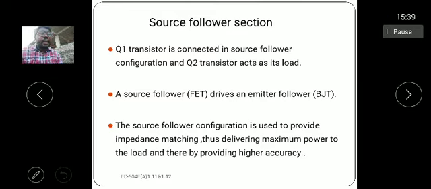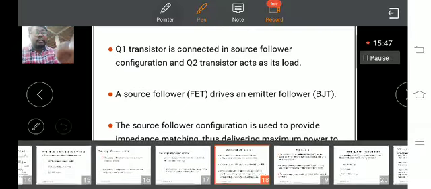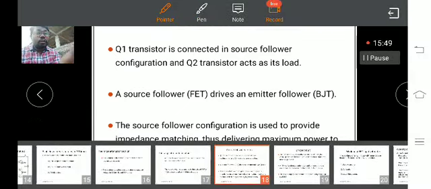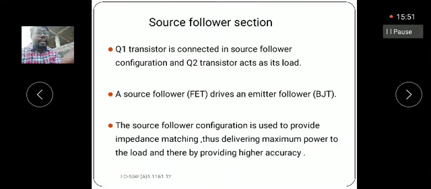The source follower configuration is used to provide impedance matching, thus delivering the maximum power to the load and thereby providing higher accuracy. That is the main point.